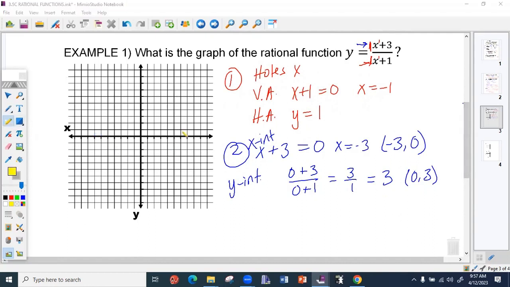So we're going to graph. We're going to go ahead and put our asymptotes and our points that we have already. So I have a vertical asymptote at x equals -1. I would normally do a dashed line, but so that you can see where I'm at, I'm going to highlight it. We have a horizontal asymptote at y equals 1.